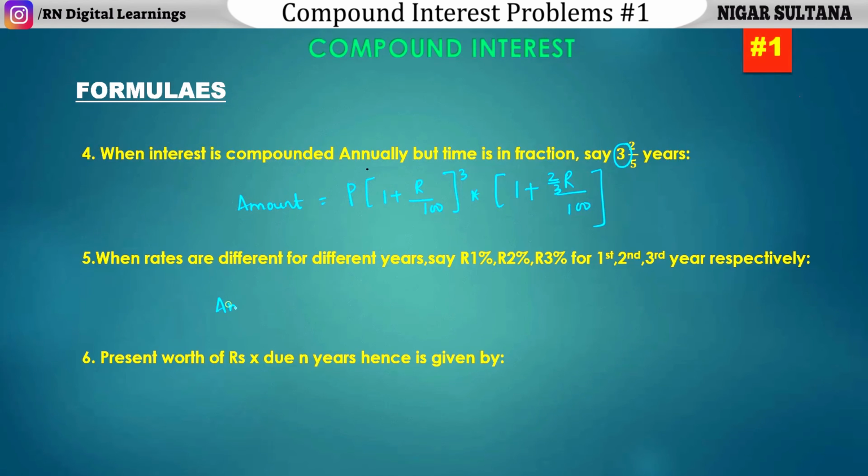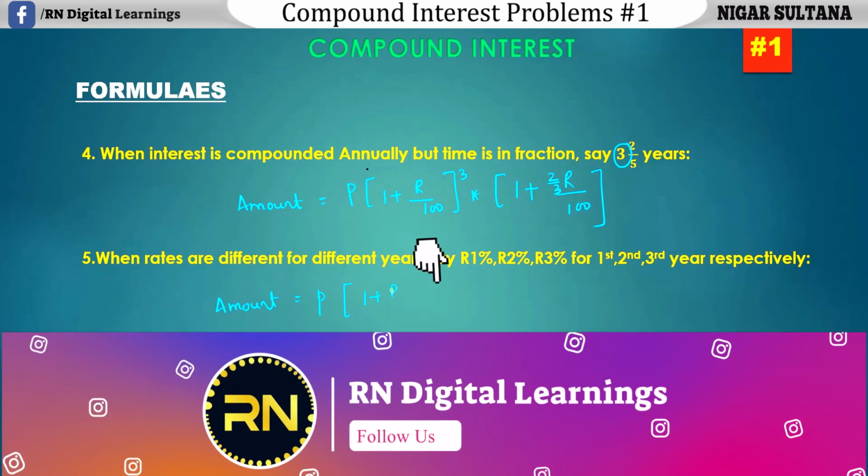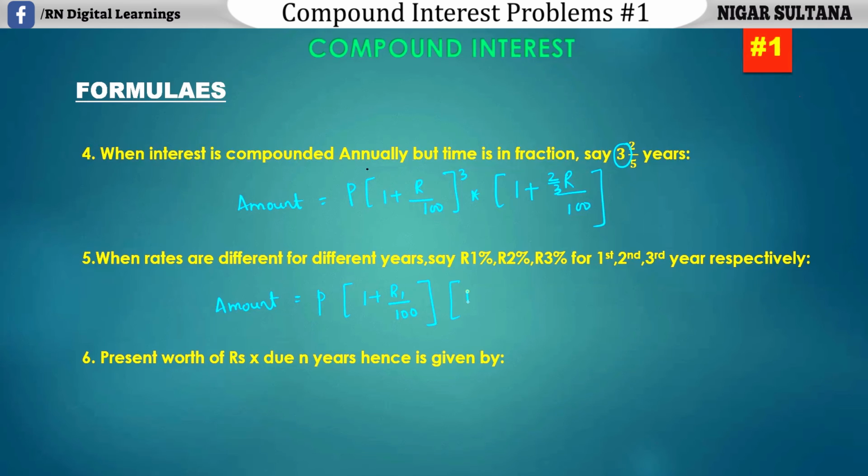We need to use this formula as amount is equals to principal into 1 plus rate of interest of first one by 100 into 1 plus R2, that is the second rate of interest, by 100, into 1 plus R3 by 100. So this is the formula when for each and every year there is a different rate of interest.